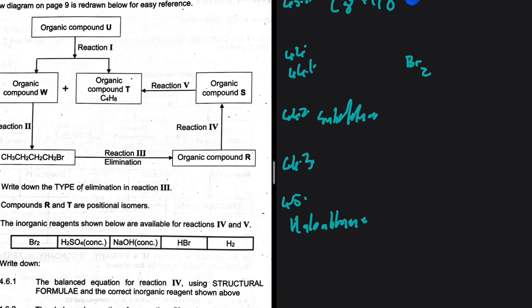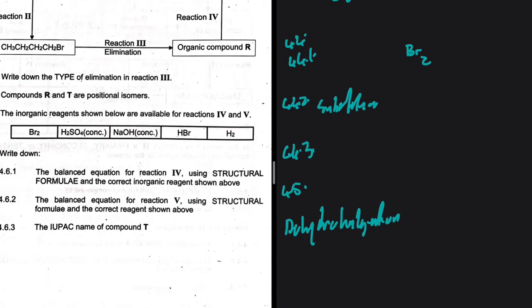So we don't need any other information to answer this question. The mere fact that we start with a haloalkane tells us which elimination reaction it is. This is dehydrohalogenation. So 4.5, dehydrohalogenation. It cannot be anything else. That is the only option we have.